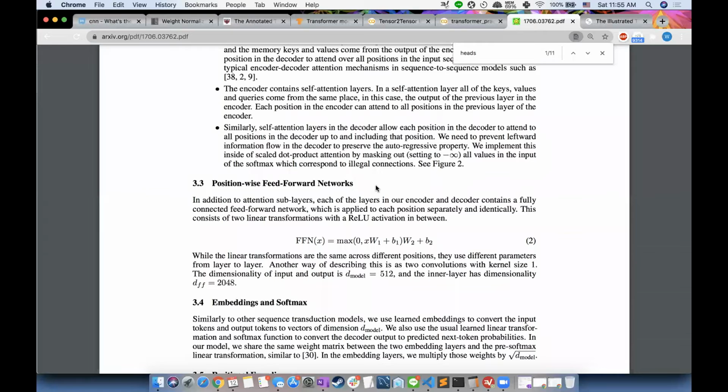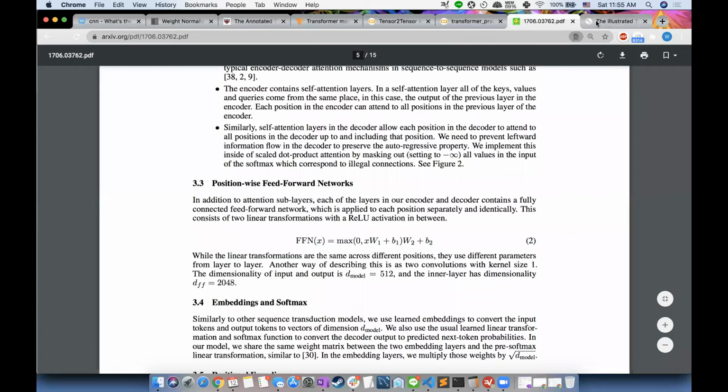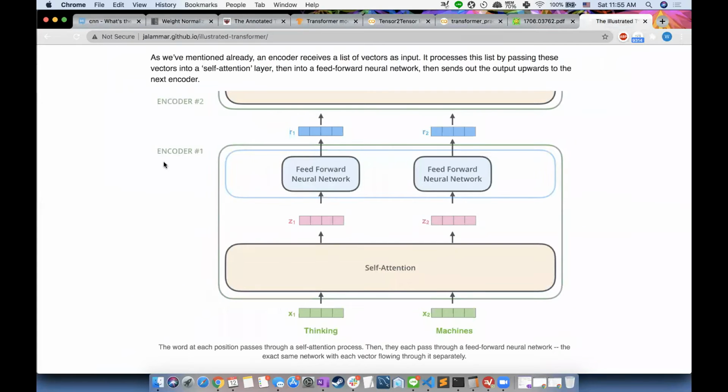So we have 8 layers. Are we going to have 8 feed forwards, or just one feed forward for the 8 layers where it combines the results together? Each encoder will have one self-attention and one feed forward, and the second encoder will have another self-attention and another feed-forward neural network. So each encoder layer will have both of these.